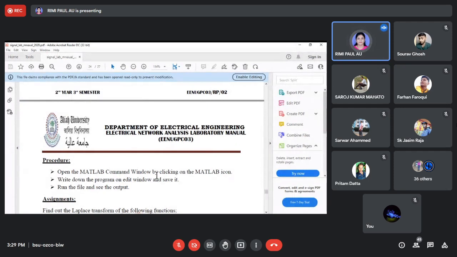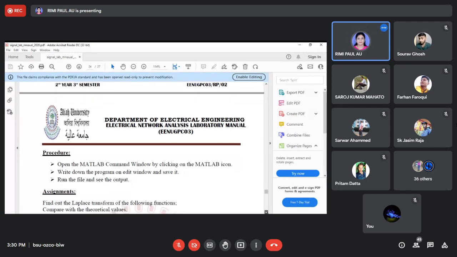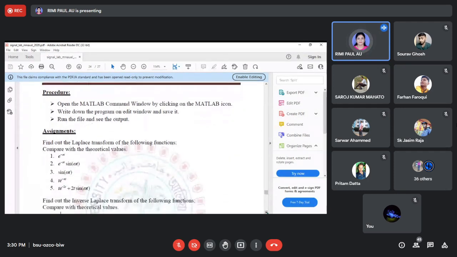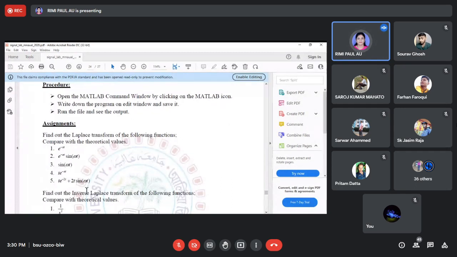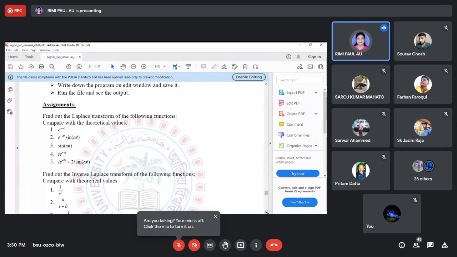Only experiment number 5 you have to submit as a soft copy in Google Classroom within next week. I'll give you the date and within this date you have to submit. In the case of Laplace transform, you have to first solve the problem practically, and second, when it is completed, you will have to solve this problem theoretically and submit.